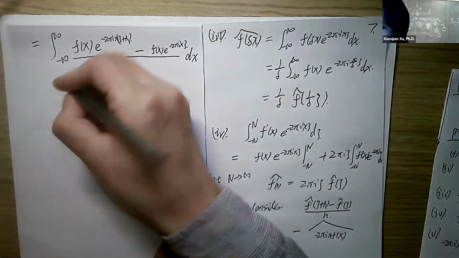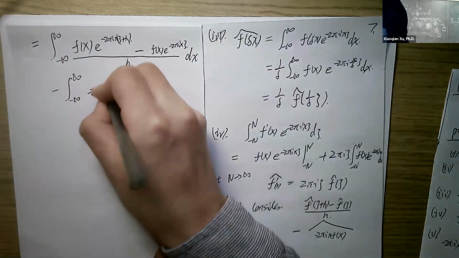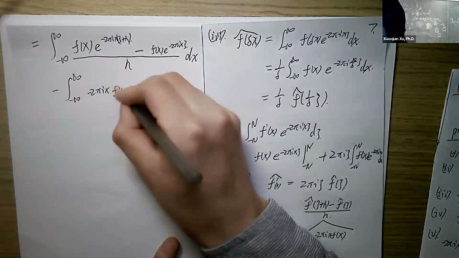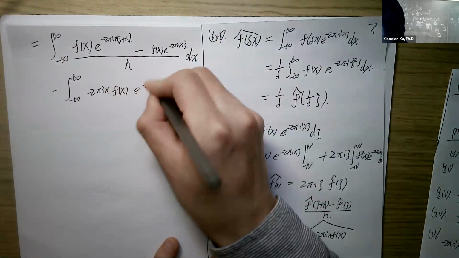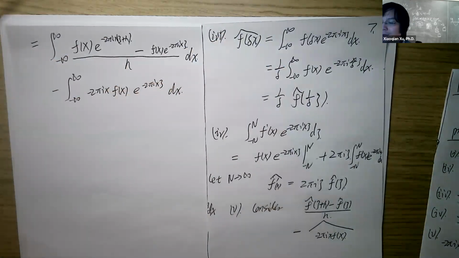And subtract the integral from minus infinity to infinity of minus 2 pi i x f(x) e to the minus 2 pi i x xi dx. Right?